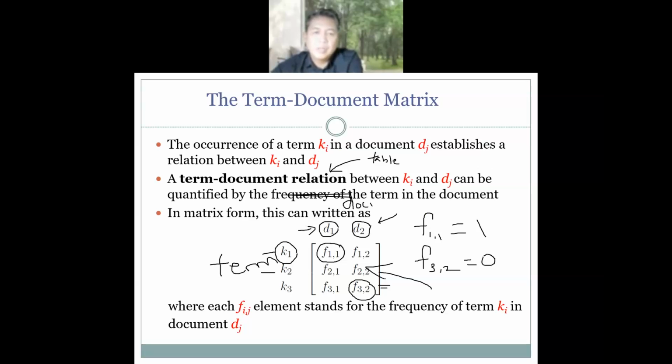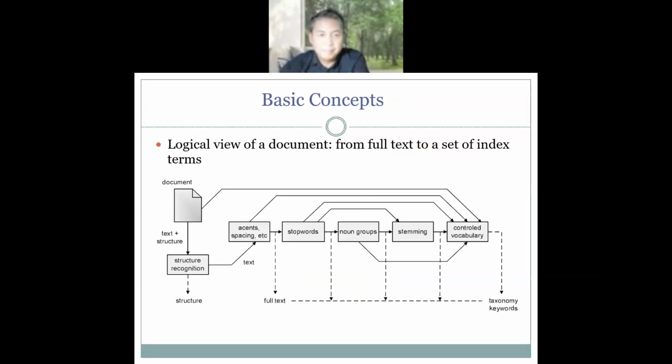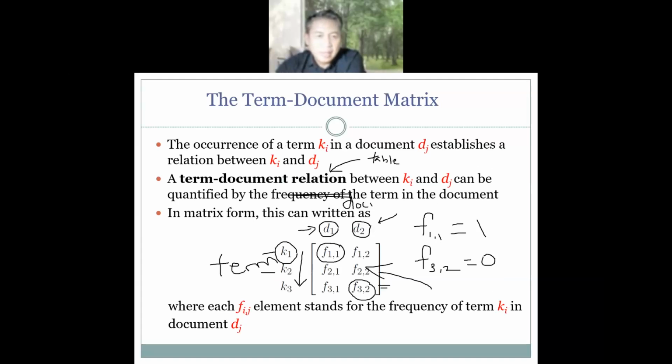and also we capture all the unique terms that we have. So the terms that we have here should be unique. This is the basic concept of how we start from the document and end up with the taxonomy keyword, because like I mentioned just now, the keywords that you have here must be unique.